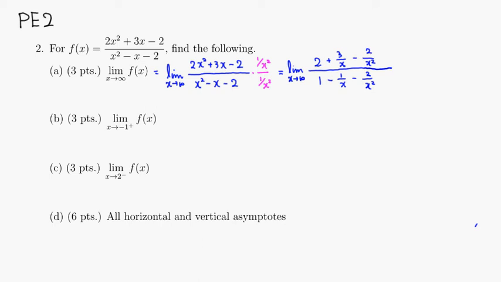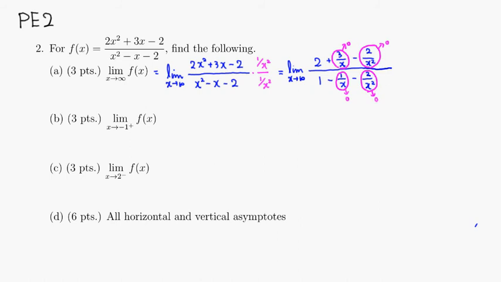Then you can see that as x approaches infinity, x is going to be a huge number. You can see that 3 divided by a big number is very close to 0, and 2 divided by a big number squared is still going to 0, and 1 over a big number is going to approach 0, and same thing, 2 over a big number squared still approaches 0.